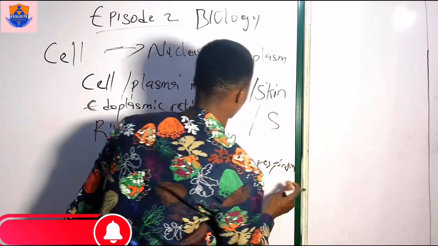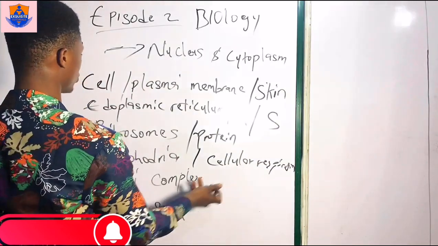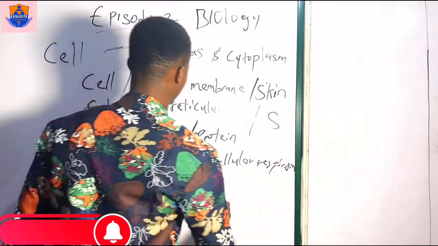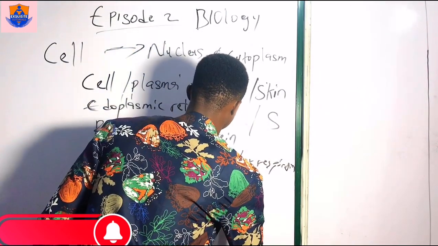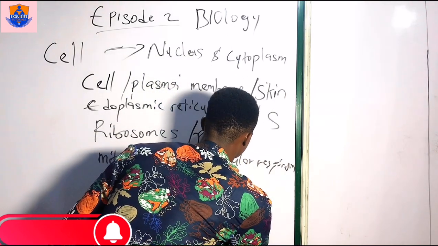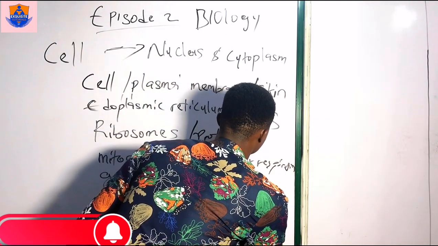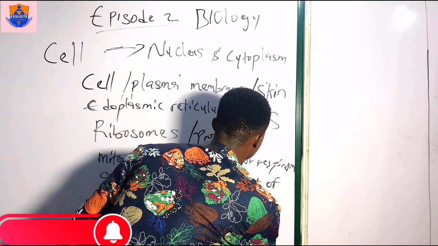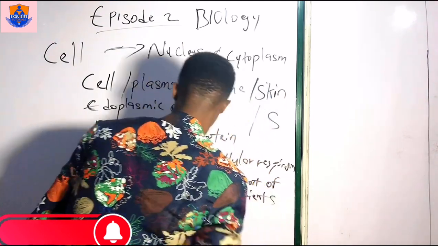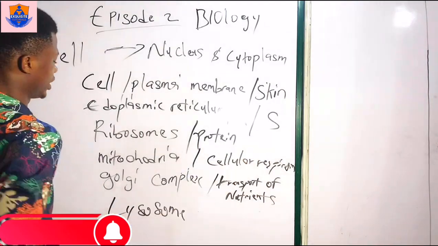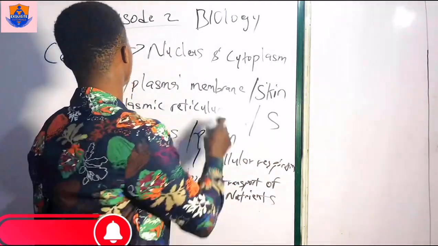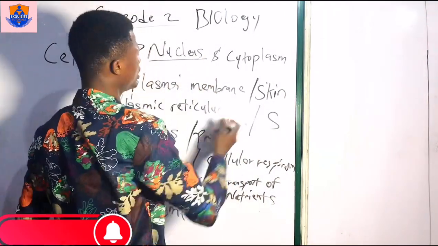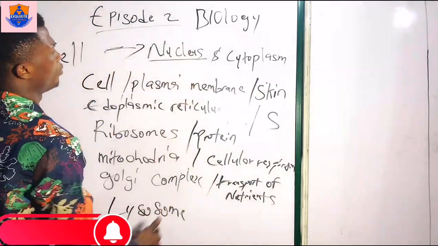The Golgi complex was our question, and transport of nutrients. So we'll talk about lysosomes taking care of unwanted substances. These things here are components of the cytoplasm.